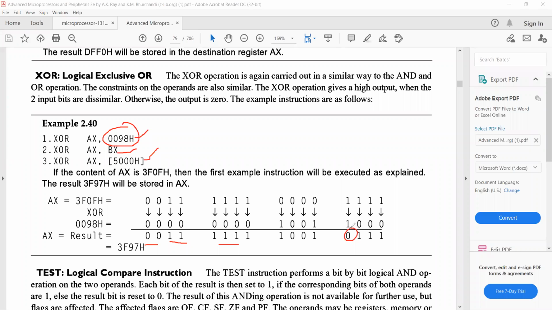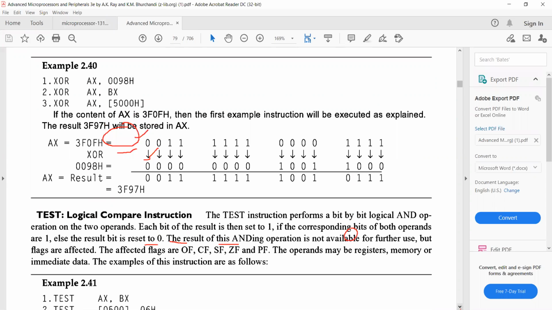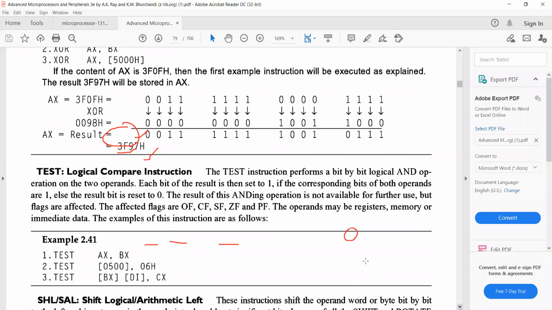Coming to the next instruction, the test instruction. What is this test instruction? It performs the same operation as the AND operation, but the result of the AND operation is not taken here.